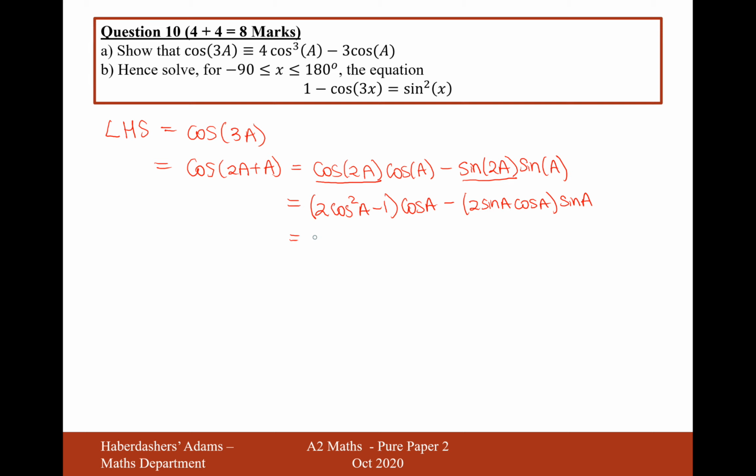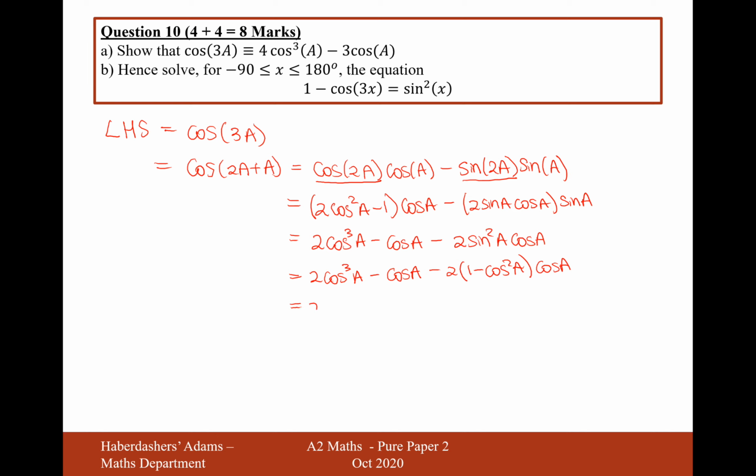So let's expand the brackets on the first bit: 2 cos cubed a minus cos a, and then minus 2 sine squared a cos a. Let's change the sine squared for a cos squared: 2 cos cubed a minus cos a minus 2 brackets 1 minus cos squared a times cos a.